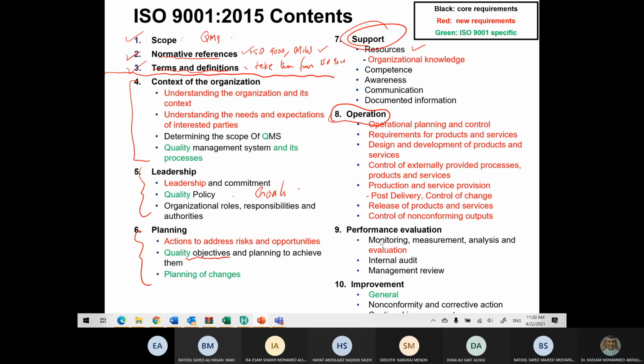Number 9: after you do all this, and now you're imagining that you already started operating and doing your work, you're hiring faculty members, you have 700 students in your first year. You now need to measure, analyze, and evaluate. How are those students performing? Did I achieve 700 students or only 600 students? Are the 700 students good students?